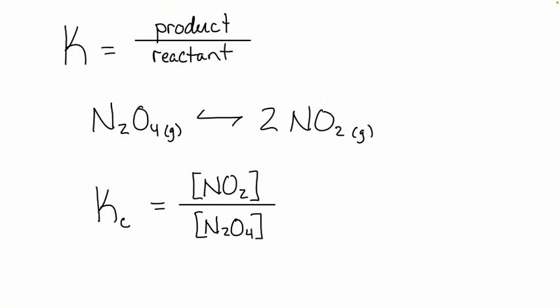Okay? Now, we balanced this chemical equation beforehand, and that stoichiometric coefficient is going to be important as well. When we're building our K's, our stoichiometric coefficient becomes an exponent.